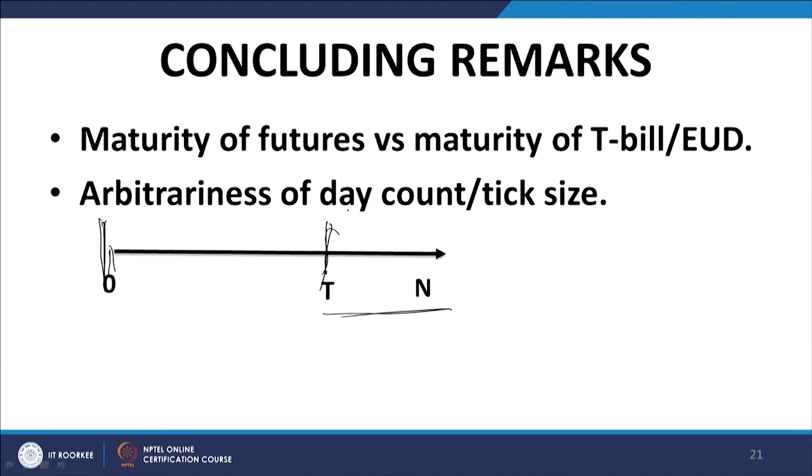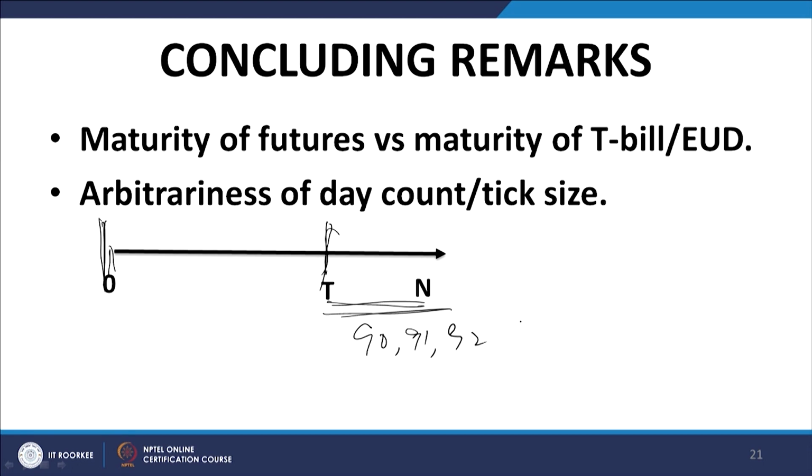On the expiry of the tenure of the T-bill, you get the face value of the T-bill credited to your account. So, the important thing is this period T and N is usually 90, 91 or 92 days, as the case may be.